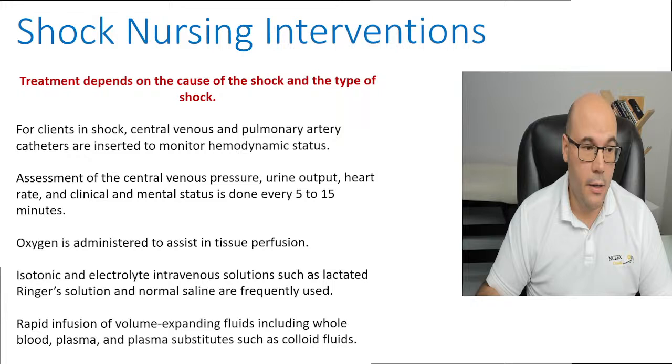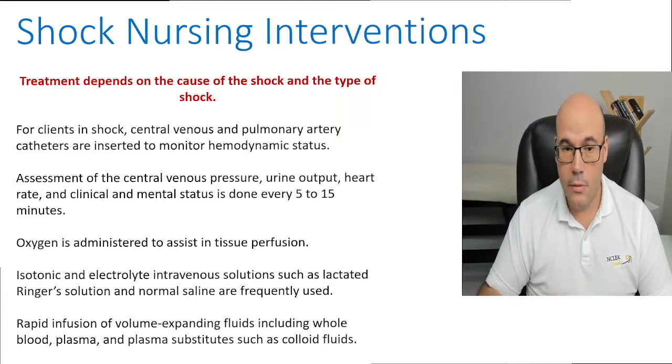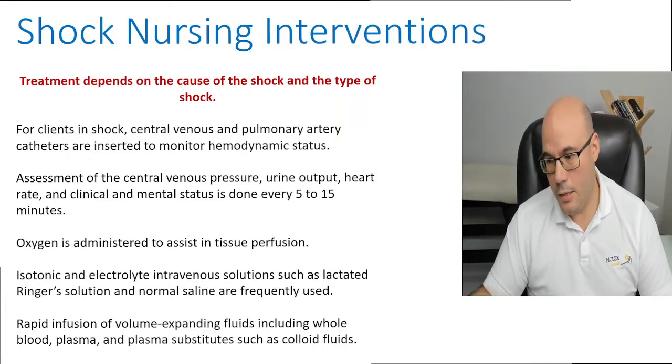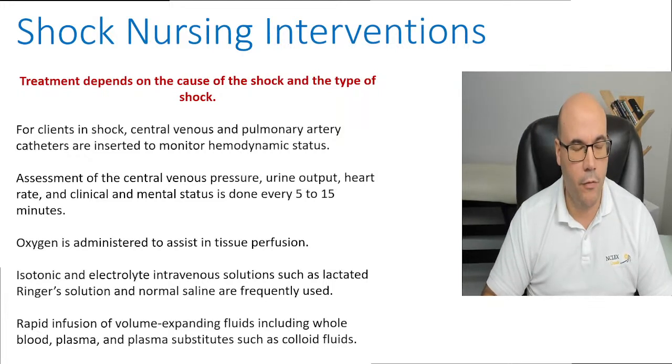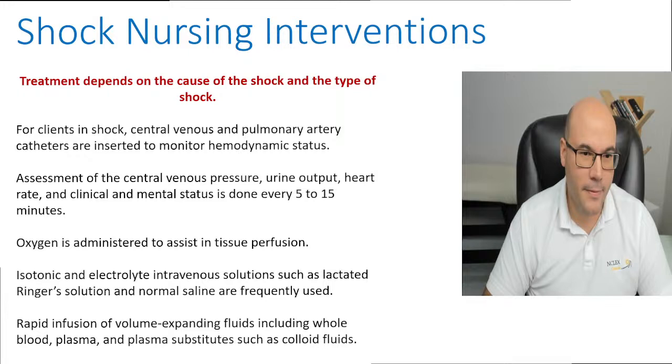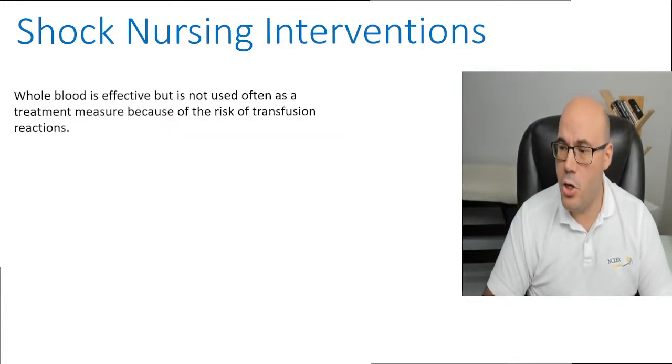Now, of course, if the problem is not volume, it is the heart pump, then we're not going to be doing a rapid infusion of fluids, because we're going to put the patient in a worse condition. Whole blood is often used and is effective, but it is used with caution because of the risk of transfusion reaction.